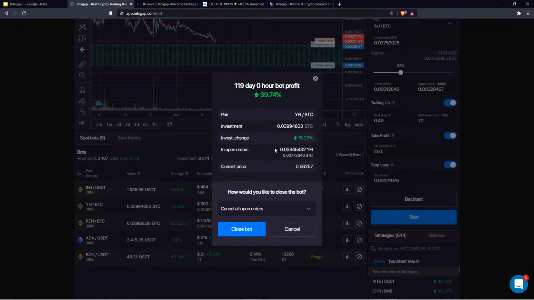So if you no longer want to be exposed to the value change of the base currency which you used in this trade, make sure to exit the market with the market sell. Okay, because this is a 100% exit from the market, whereas by canceling all open orders, you just basically halt the trading, but you are still exposed to the base currency. Okay.